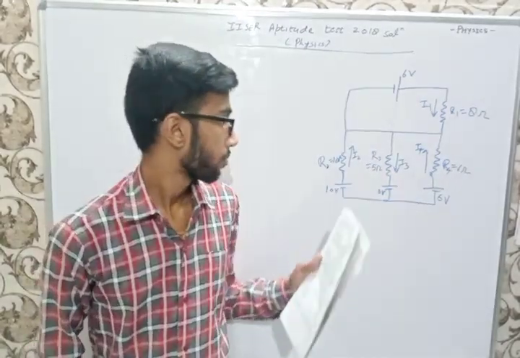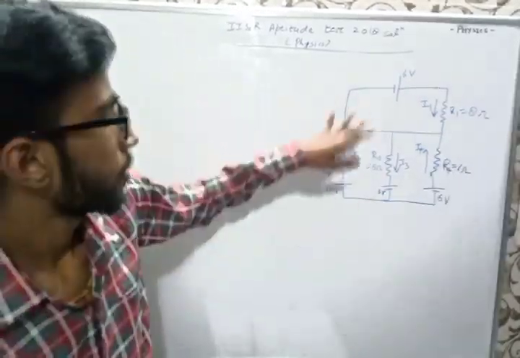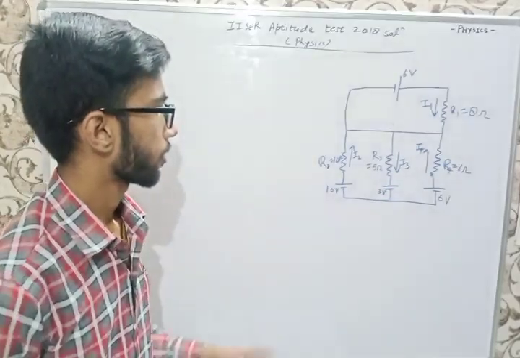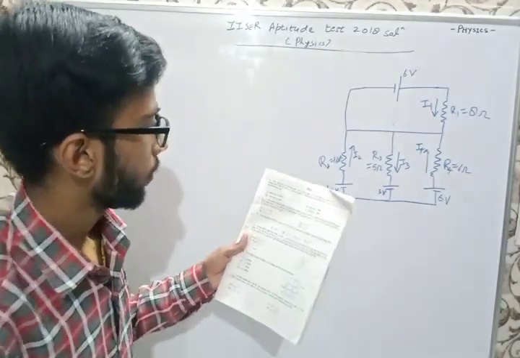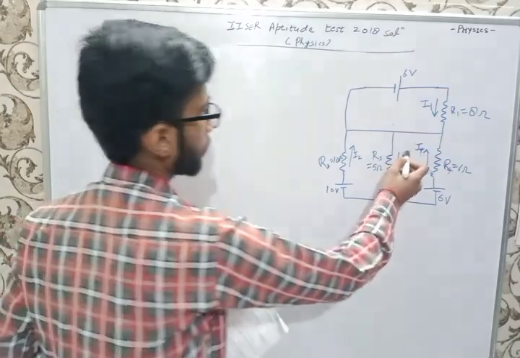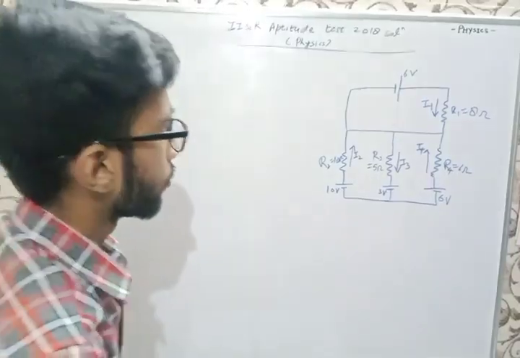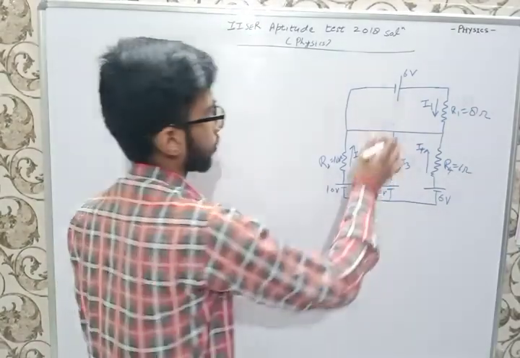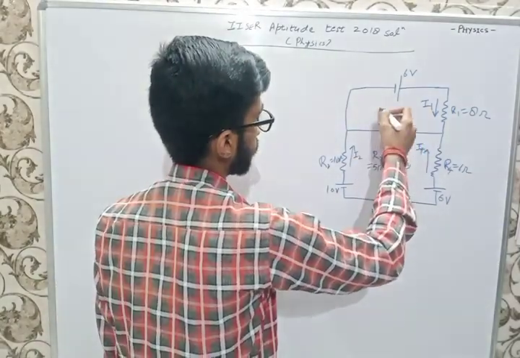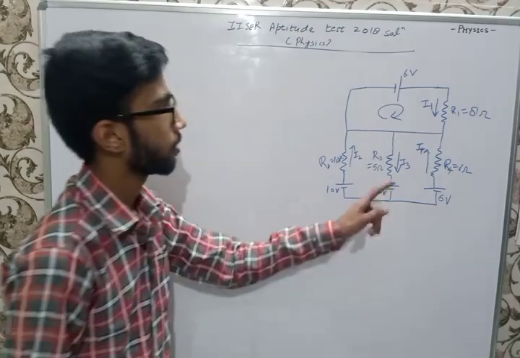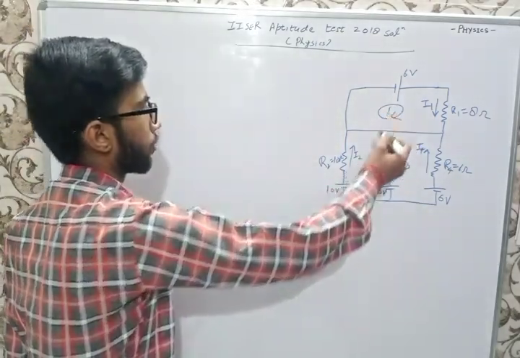So we have the next problem. You have a circuit like this, a complicated circuit, and you have to find the current in R3, meaning this branch. First apply Kirchhoff's law in this loop. I apply in this direction, say loop 1.